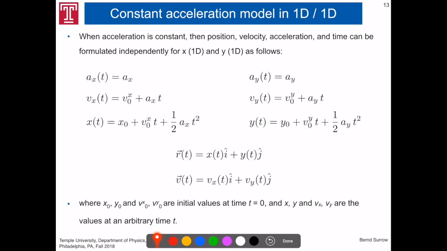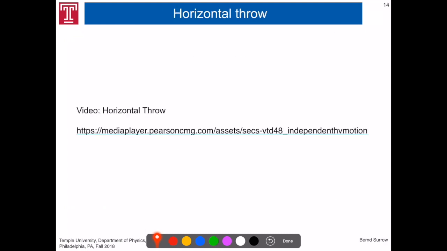Imagine you'd place your coordinate system at the initial location at 0, so this term would be 0. You're not giving it an initial velocity in the y direction, so this term would be 0, and all you have left here is then minus a half g t squared, and that equals minus h if you draw your y-axis upward. And this would be in both situations exactly the same thing.